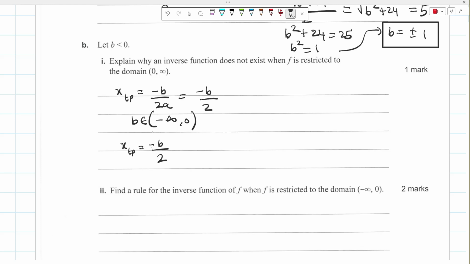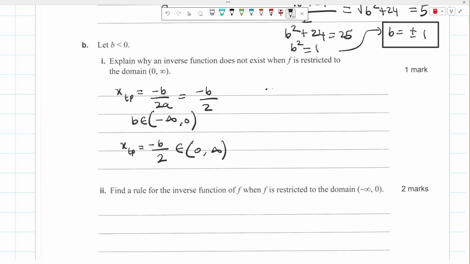Now if b is less than 0, then negative b is greater than 0. And if negative b is greater than 0, then negative b divided by 2 is also greater than 0. So in short, negative b divided by 2, which is the x-coordinate of the turning point, is greater than 0.